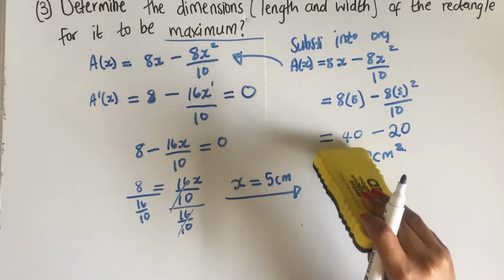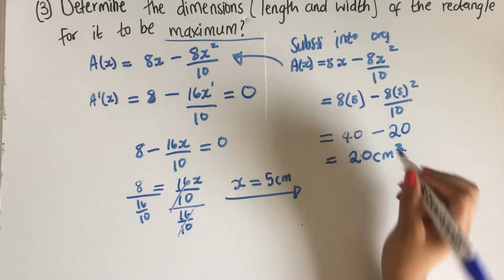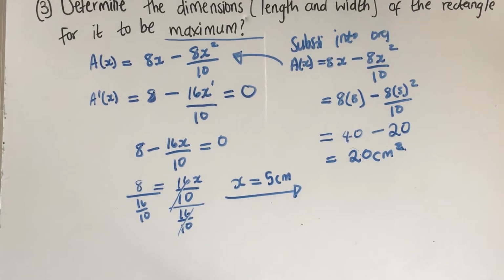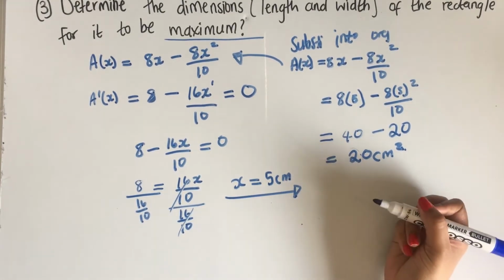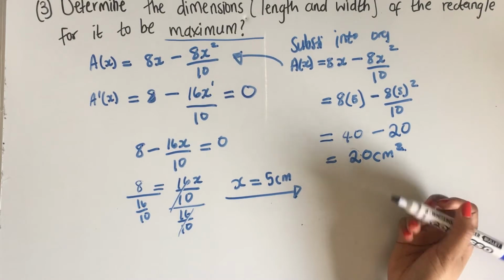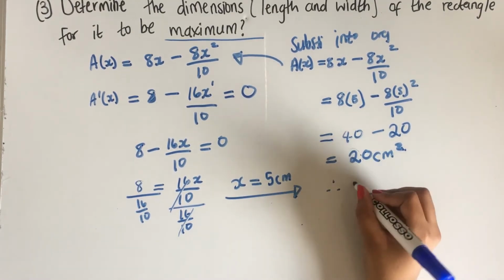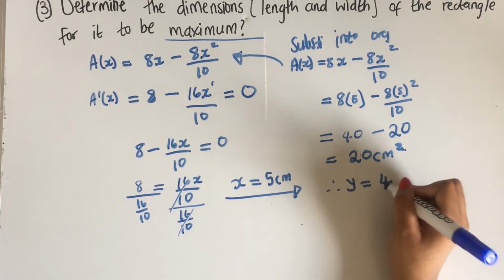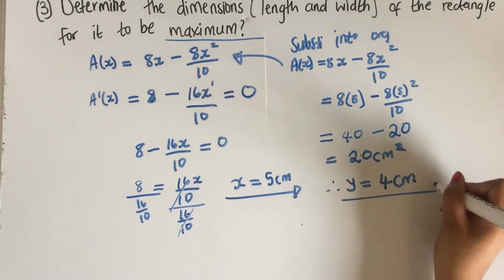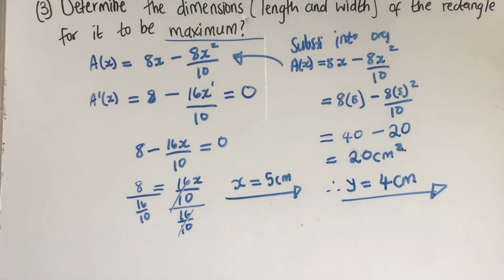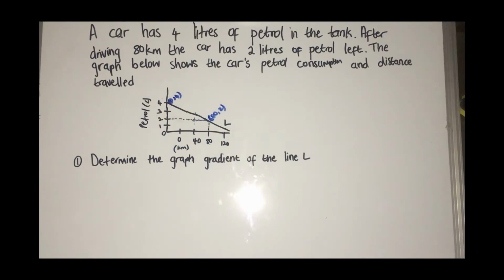Now 20 divided by 5 will give us 4. Therefore y is equal to 4 centimeters. So the maximum point is where x is 5 centimeters and where y is 4 centimeters.